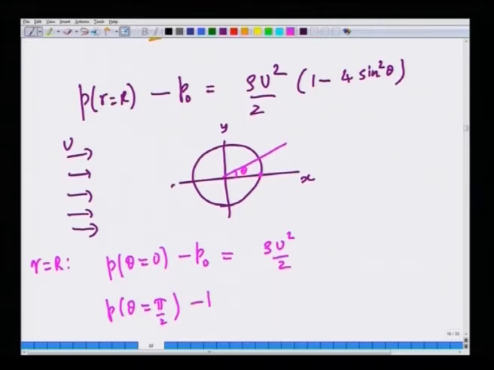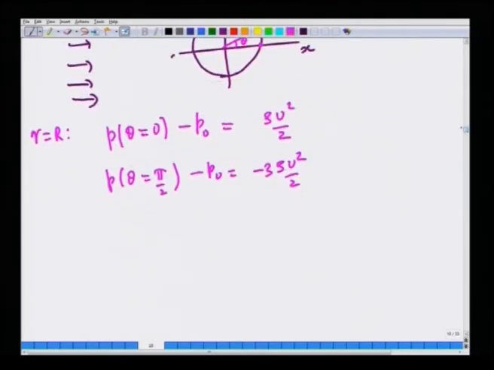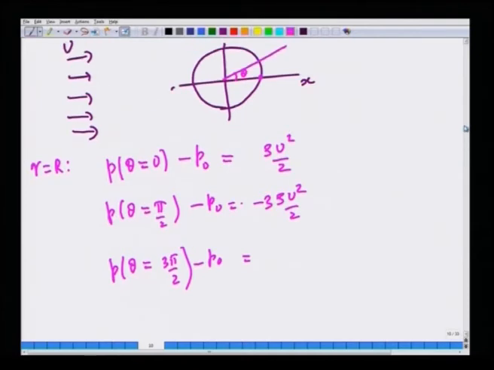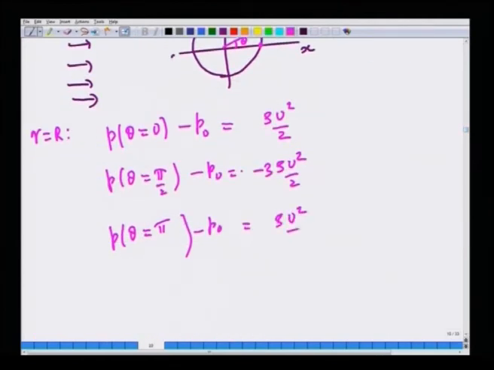So, p minus p naught is rho u squared by 2 times 1 minus 4, which is minus 3 rho u squared by 2. Now, if you go around, at pi, sin pi is again 0, so we again get rho u squared by 2, and at 3 pi by 2, p minus p naught, we again get minus 3 rho u squared by 2.